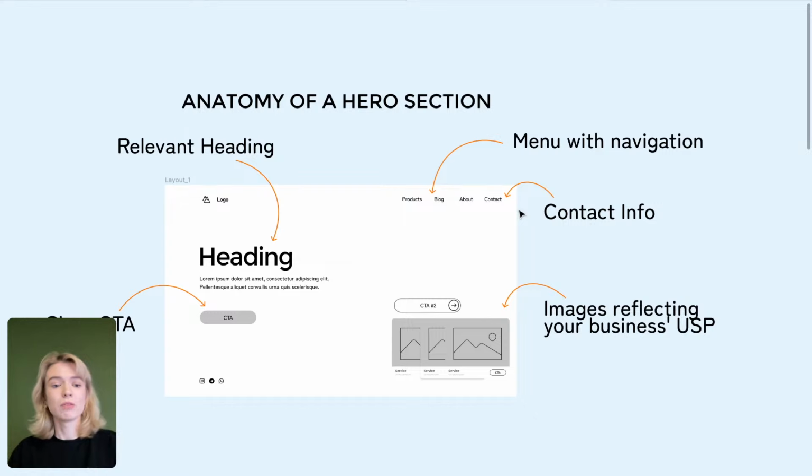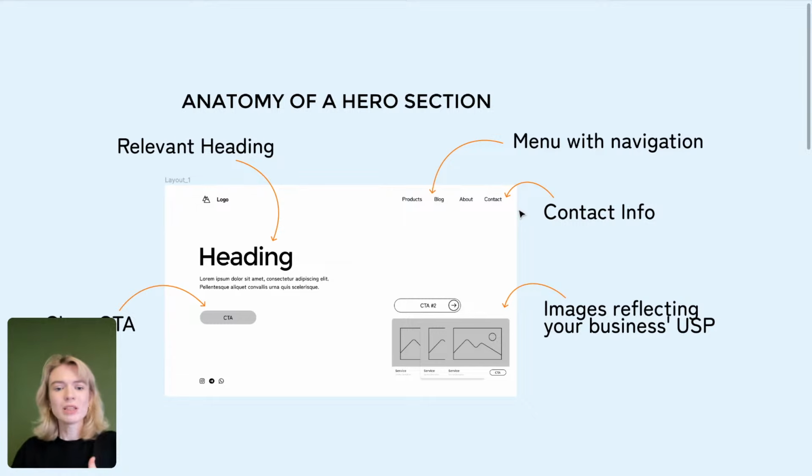Finally, you need to have a clear CTA. A call to action is usually a button with a certain call to action that prompts your user to interact with your website. It doesn't have to be overly flashy, the button or the text, but make sure it's clear.